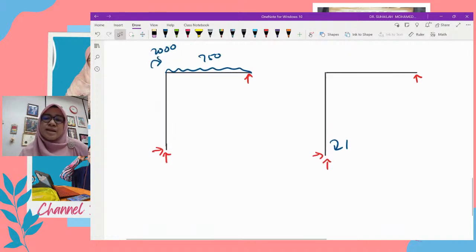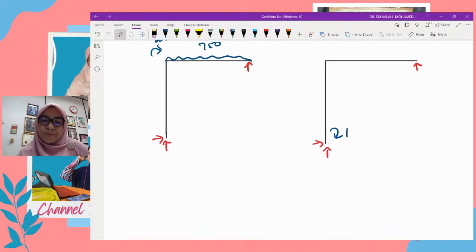Start with reaction: reaction gives us the moment equation, and the moment equation gives us displacement. Actually, the reaction does not need to be shown. You can calculate the reaction outside this and put the value only, because what I want to know is only the value, not the steps.